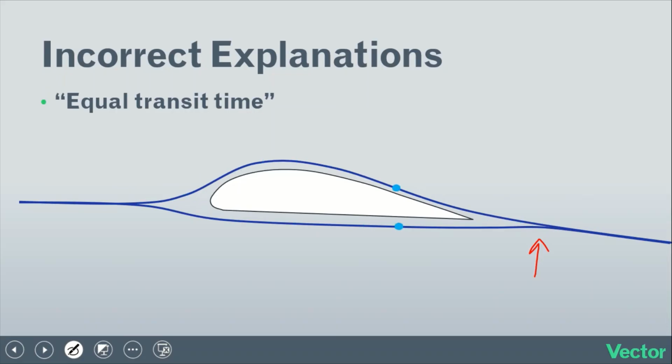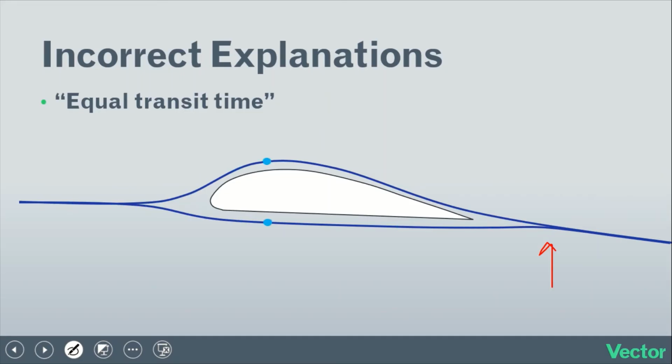Since there's a greater distance to travel over the upper surface, the air moving over the upper surface has to move faster in order to meet up with the air moving over the lower surface.